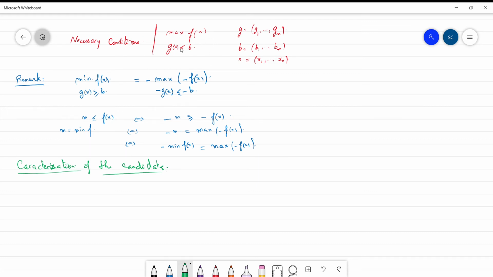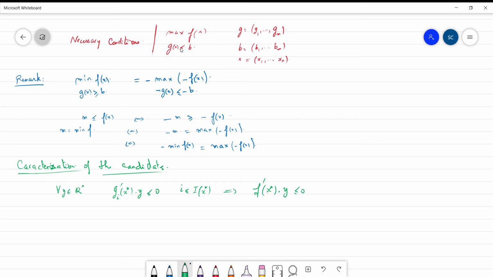Last time we established that if x star is a candidate for this maximization problem, then for any y in Rn such that gi prime at x star scalar y is less than 0 for the active constraints, with index in the set I of x star, necessarily the derivative of f prime at x star scalar this direction is negative.